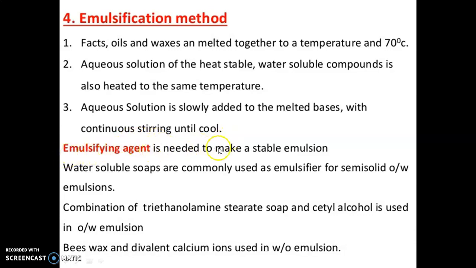Then emulsifying agent is needed to make a stable emulsion. Water soluble soaps are commonly used as an emulsifier for the semi-solid O/W oil in water emulsions. Combination of triethanolamine stearate soap and cetyl alcohol is used in O/W oil in water emulsion. Beeswax and divalent calcium ions are used in water in oil emulsion.